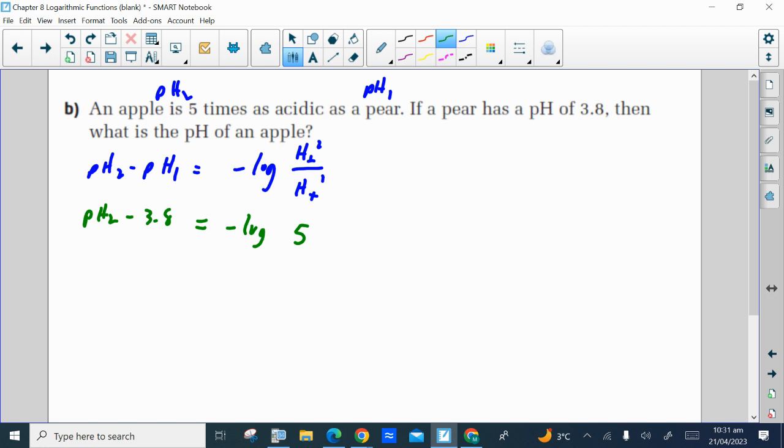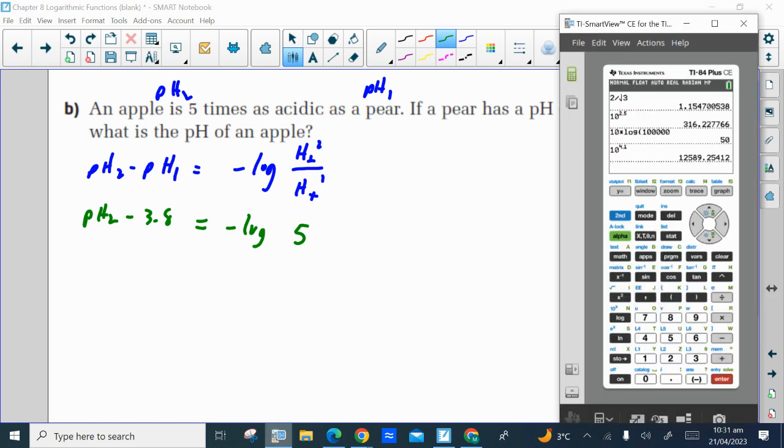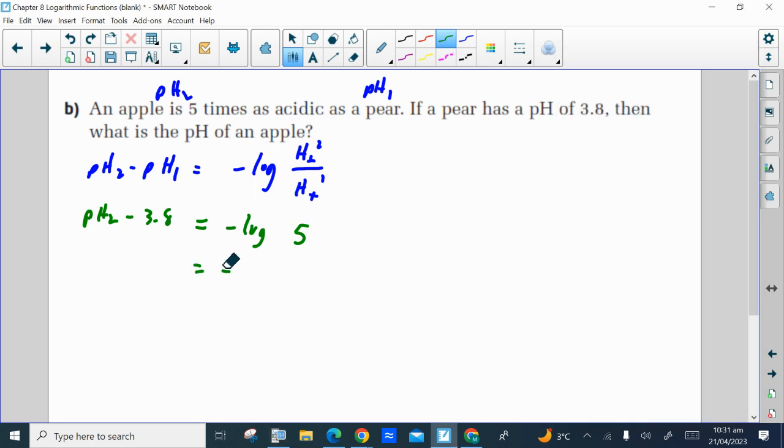So in this case, we can divide both sides by negative 1. And actually, we don't have to do that because we can evaluate what the expression on the right side will give us. That is a common log. So we can go negative log of 5. And that'll be negative 0.699 approximately. But we'll keep that in our calculator.